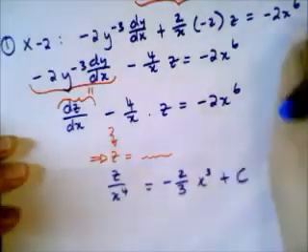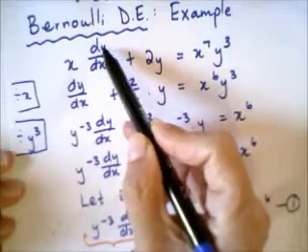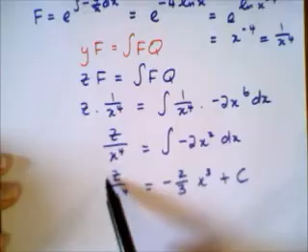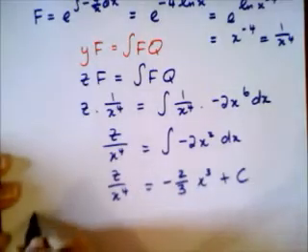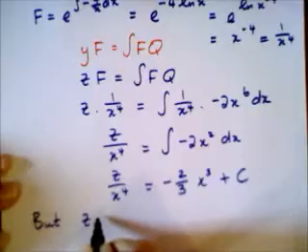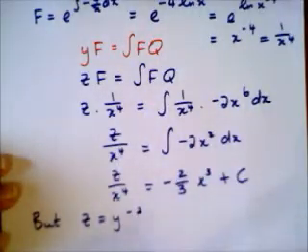But that's not what we want. We want the solution to your original differential equation, which is in terms of y. So your answer has to be with a y in it. But we know what z is. So we can say, but z we found to be y to the minus 2, which means you're going to have 1 over y squared over x to the 4.